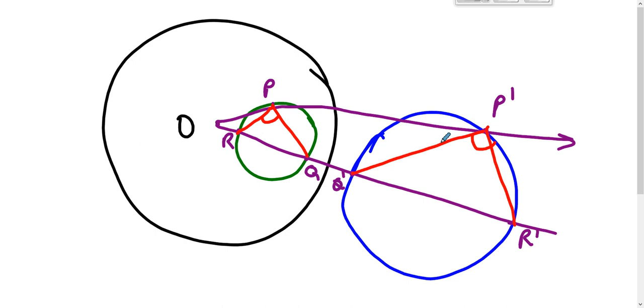But it can be shown that angle RPQ is congruent to angle R prime P prime Q prime, which means that if this one is a right angle and therefore that's a right angle inscribed on a diameter giving us a circle, then the same thing has to happen out here. So circles that don't contain point O remain circles after the inversion.